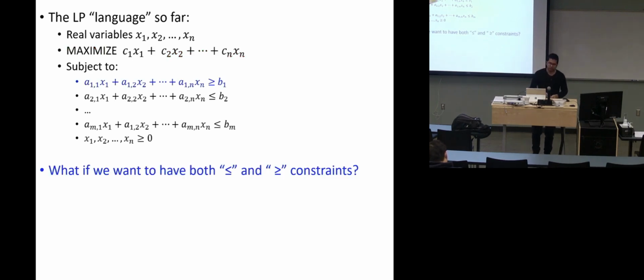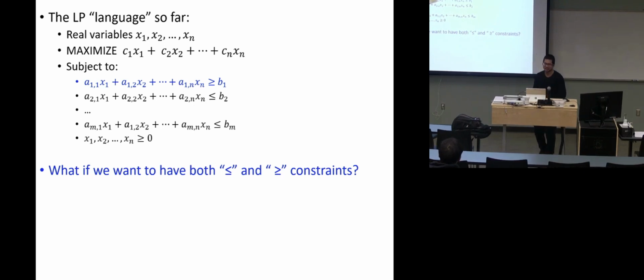What if, instead of having an at most constraint, I want to have an at least constraint? How can I convert this into standard form? Take the negative of that row. Yeah, exactly.